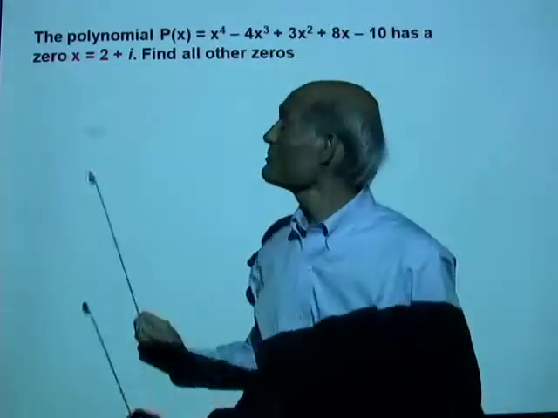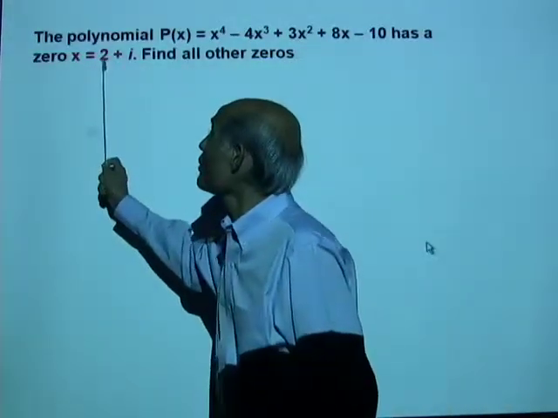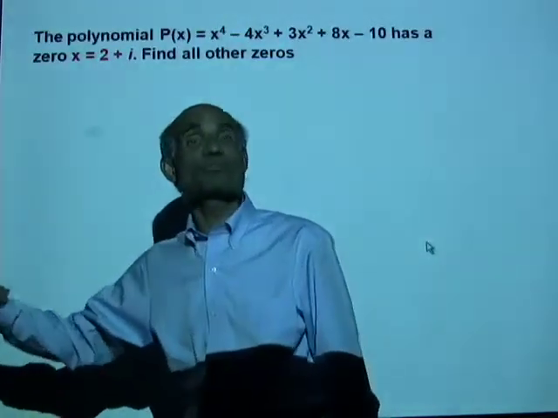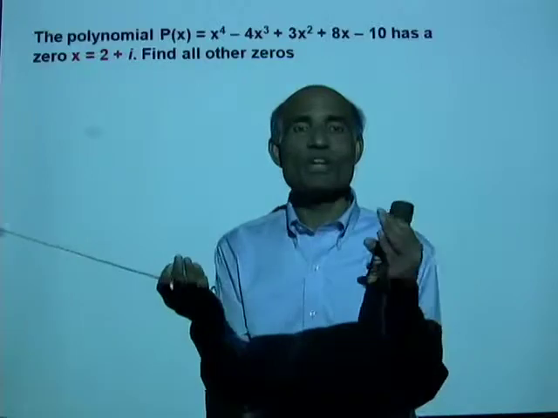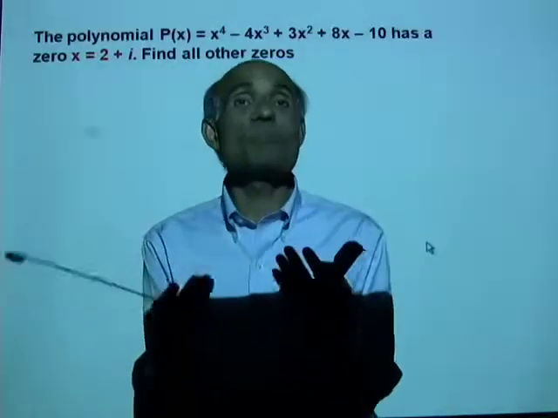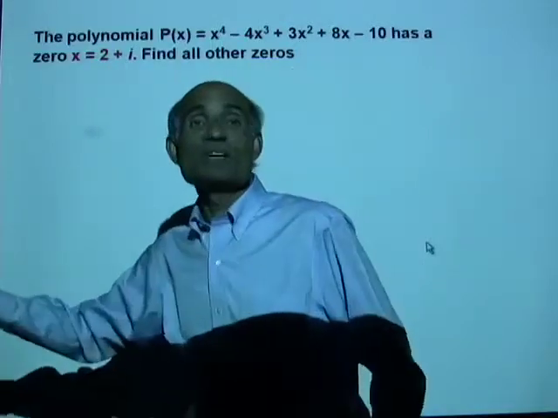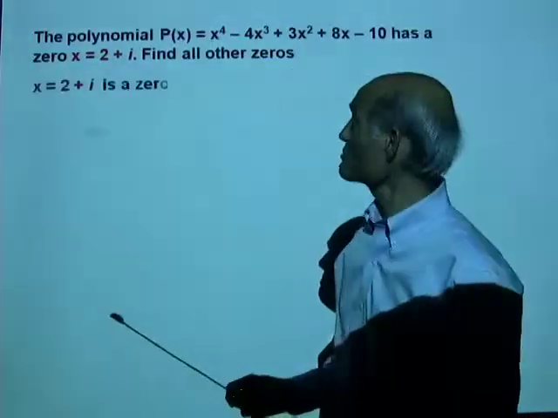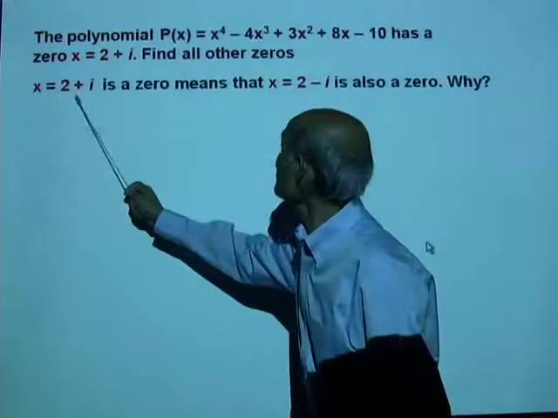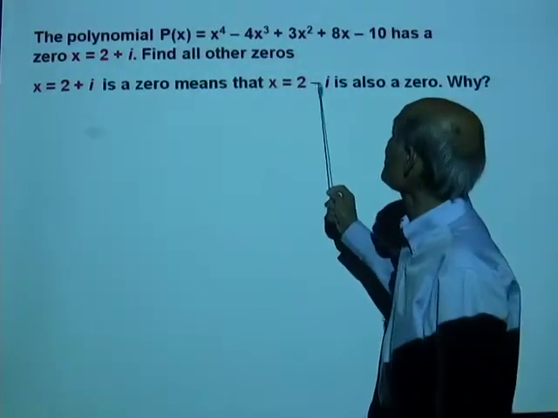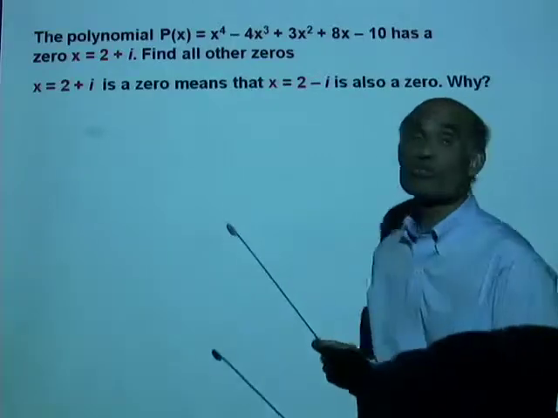Now remember, if the polynomial has a zero 2 plus i, then 2 minus i also is a zero, because complex zeros always come in pairs. The complex conjugate of 2 plus i is 2 minus i. So that must be understood. x equal to 2 plus i is a zero means that x equal to 2 minus i is also a zero.